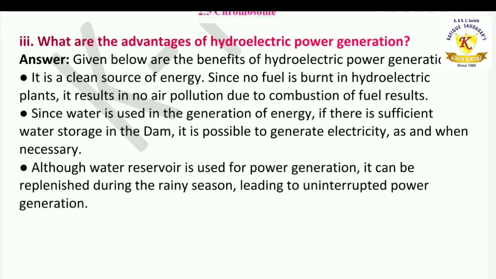Since water is used in the generation of energy, if there is sufficient water storage in the dam, it is possible to generate electricity as and when necessary. Although the water reservoir is used for power generation, it can be replenished during the rainy season, leading to uninterrupted power generation. Right?